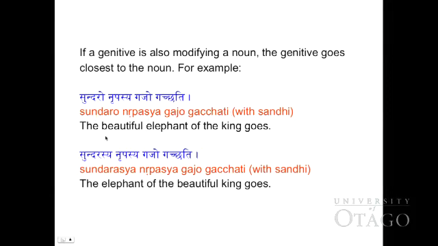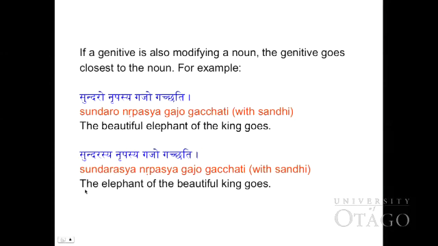Gacchati, goes. But if you change from sundara to sundarasya: sundarasya nrpasya gajo gacchati. In this sentence, sundarasya modifies nrpasya, but does not modify gaja. So when you translate, sundarasya nrpasya is the beautiful king, and gaja, elephant.